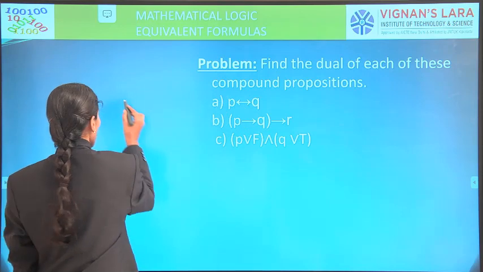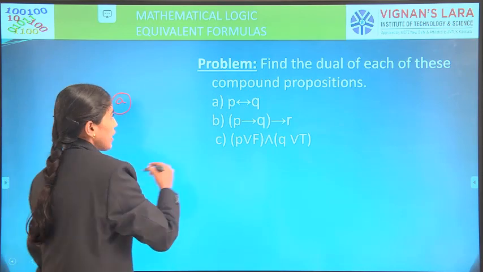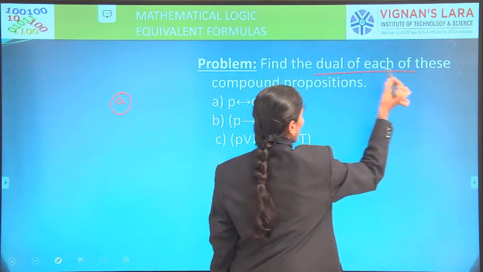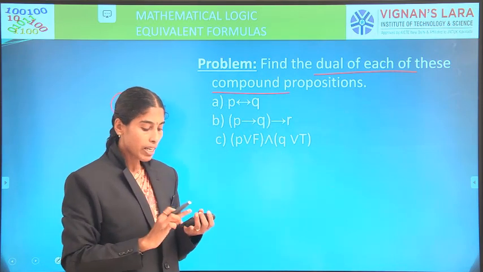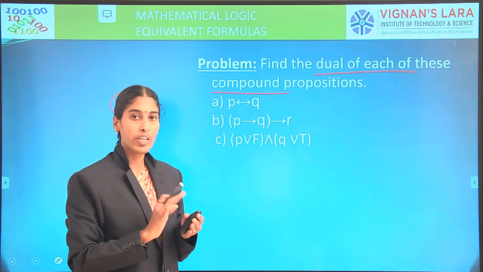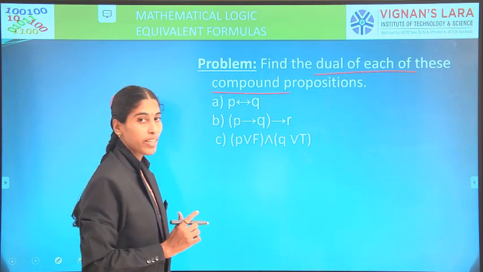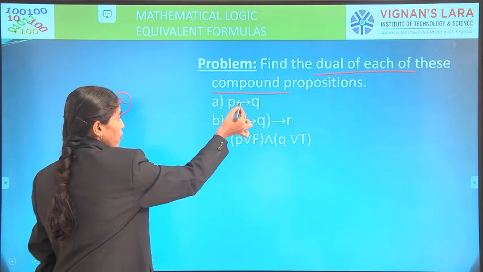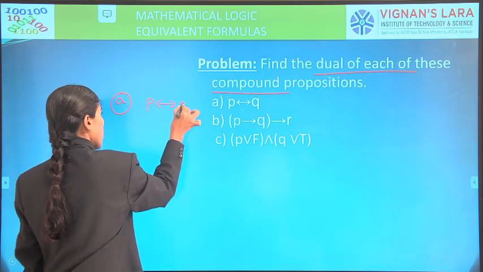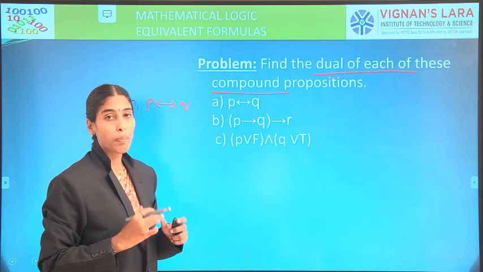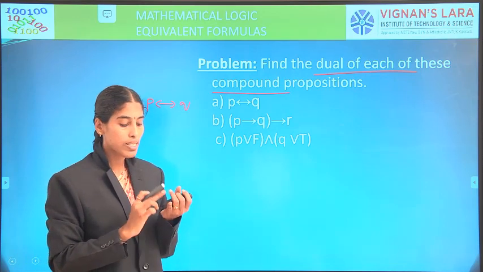Now coming to the first one, here find the duals of each of these compound propositions. Right? If OR and T, F are there, we can replace. But what about biconditional? For this problem P biconditional Q, first of all, we need to change this biconditional into OR and AND symbols.